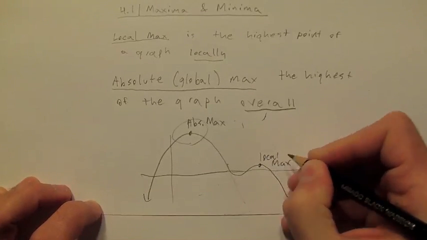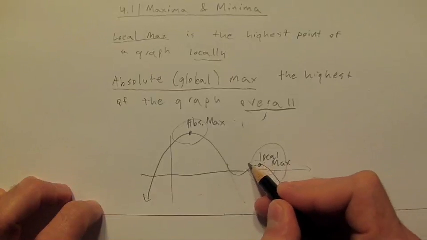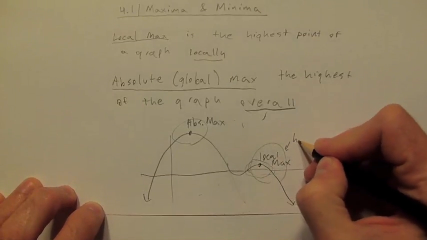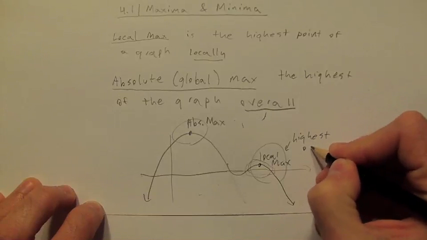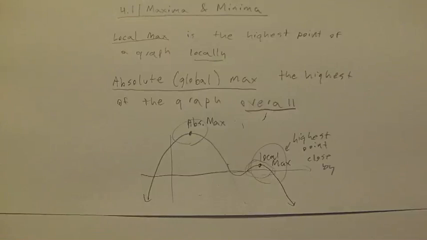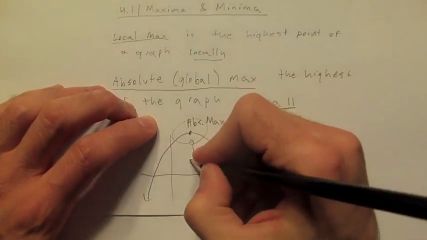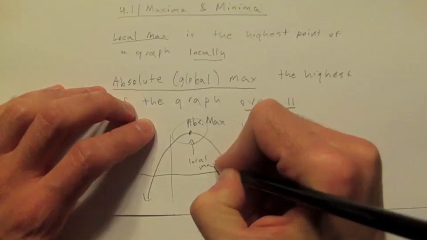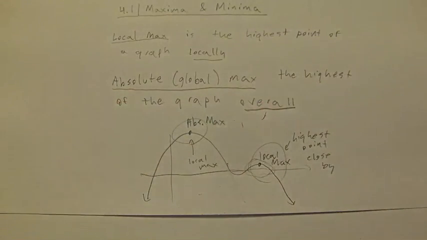Because it's not the highest point overall, but it's the highest point close by. Okay, and actually an absolute max is also considered a local max. And in fact the local maxes and mins are so important that I kind of just drop the local and just say they're maxes and mins, and when I want to verify a global or absolute, I'll actually say that word instead. And we can say the same thing about minimums, right?